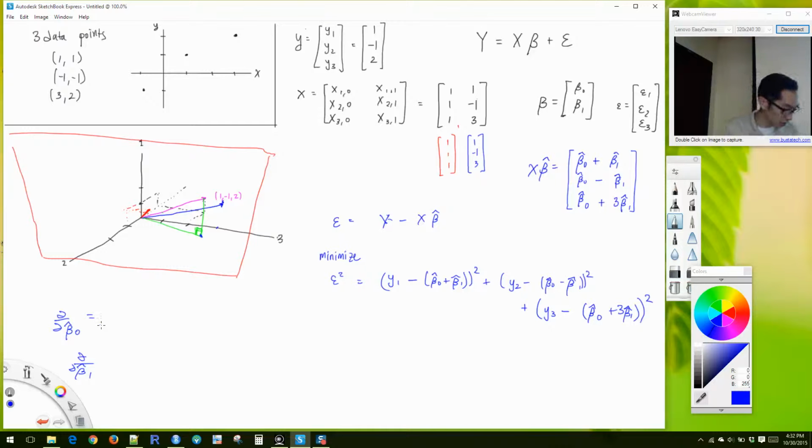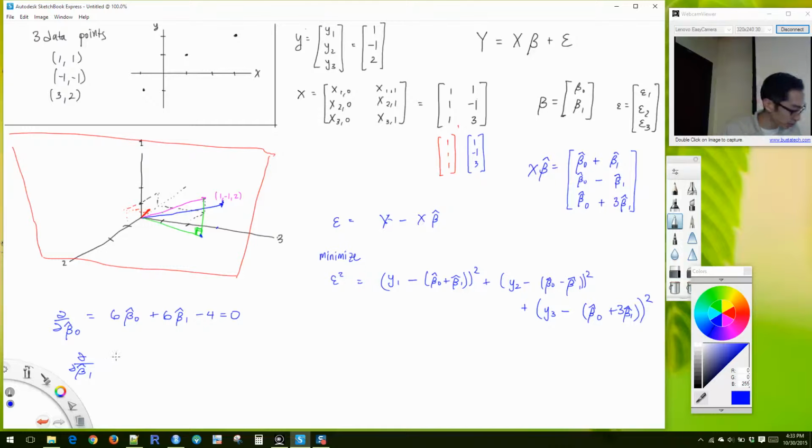Okay, so I did this earlier, and I hope I did this right. I'm pretty sure I did. So I'm just going to jump. I'm going to skip the work, and you're going to get 6 beta hat 0 plus 6 beta hat 1 minus 4 equal to 0.